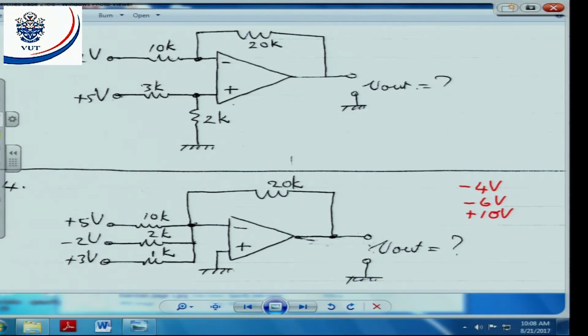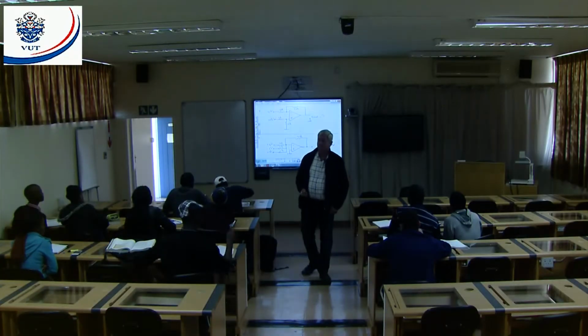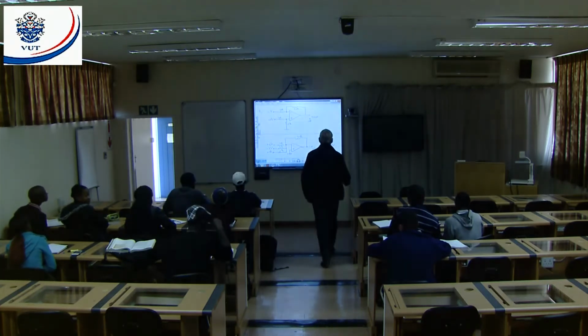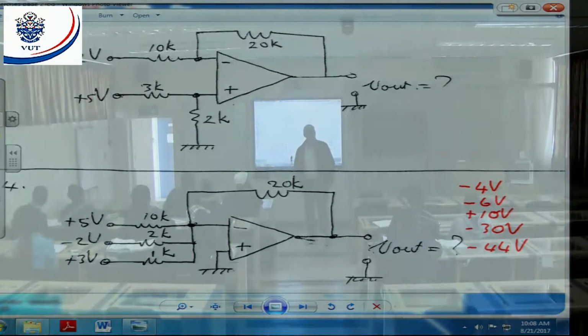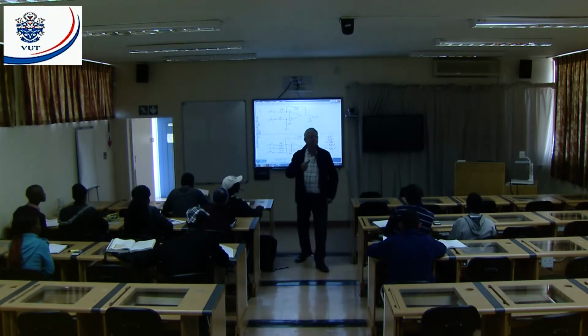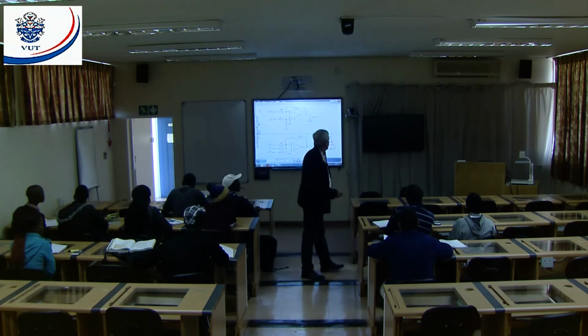Negative. All right, we got a minus 30. Minus 44. Number 3. Ah, sorry, it's number 3. I will just write in the wrong place. Plus 2, 6.